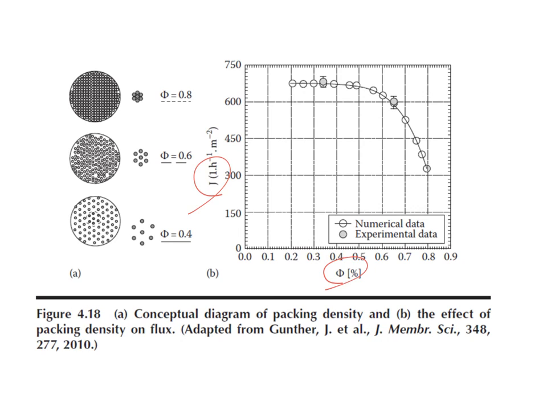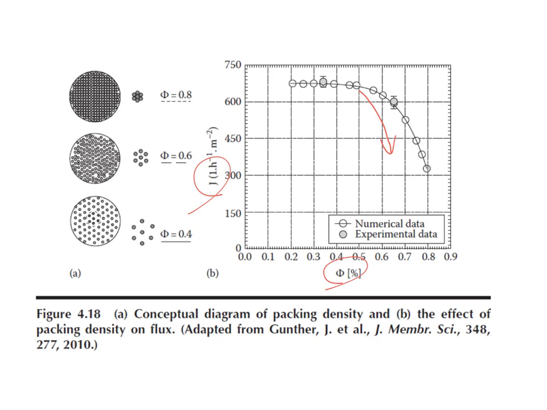This slide shows the relationship between the packing density and flux, and if we have moderate packing density, flux is almost constant. But if you increase the packing density beyond 0.5, we can see that the flux decreases with the packing density, which means there's some kind of mass transfer limitation, which can reduce the water flux through the membranes.